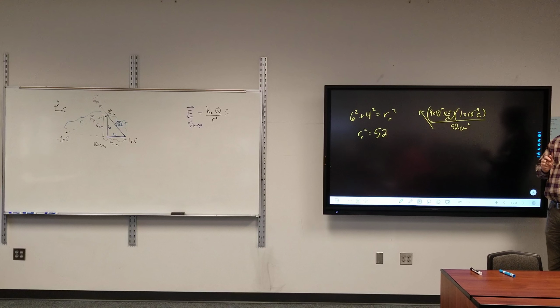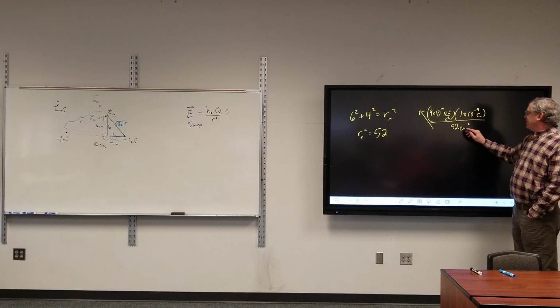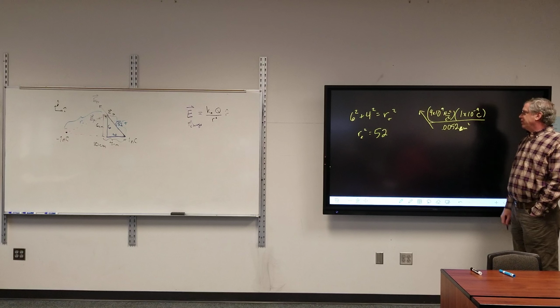Meters to centimeters, or centimeters to meters, it depends how far you move the decimal point. If I'm doing centimeters squared, I have to convert each one. If you just move it over 2 places, you're left with centimeter meters, which is a bizarre unit. So to put it into meters squared, 0.0052.